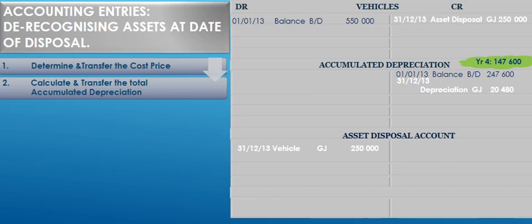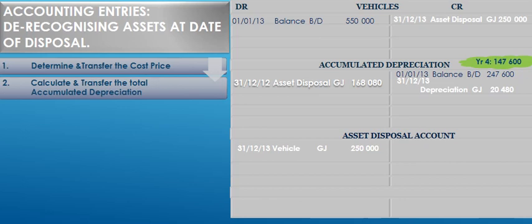This current depreciation will be added to the opening balance of the asset that is being disposed of. Previously, the total accumulated depreciation was calculated for 4 years of use as 147,600. To this total, we will add the current depreciation to arrive at a total that must be transferred out of the accumulated depreciation of 168,080.